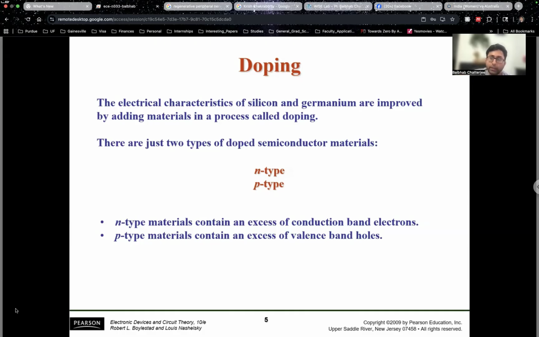And that's how you are increasing the conductivity properties of normal silicon. If you just had silicon, it would not be as conductive. But creating an n-type material or a p-type material through doping, that is introducing some amount of impurities, you will be increasing the conductivity of the material.